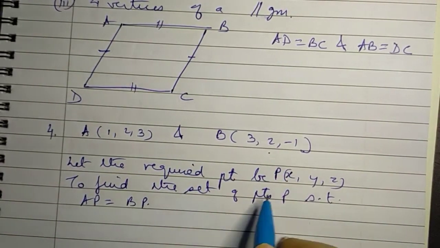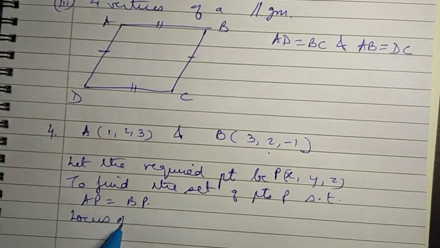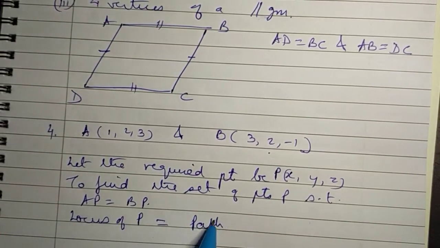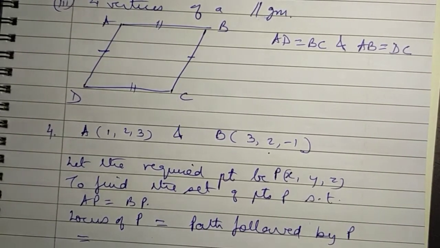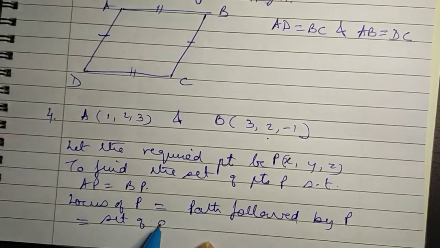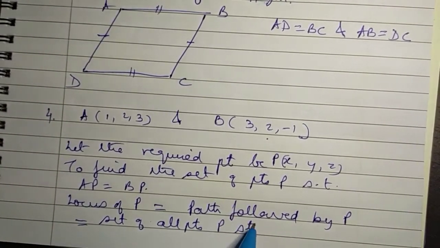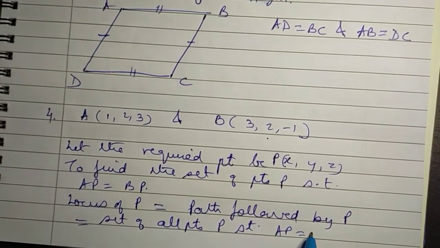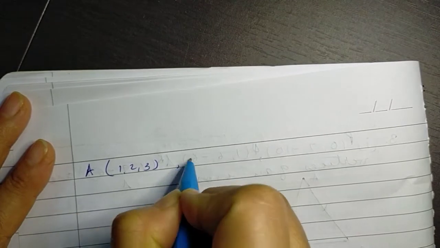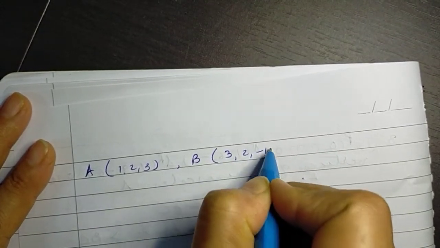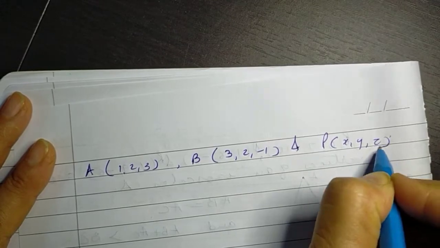You could have been asked to find the locus of P, which is the same as the path followed by P, which is the same as the set of all points P such that AP equal to BP. So we are given 2 points, A is 1, 2, 3, B is 3, 2, minus 1, and P we have taken as X, Y, and Z.